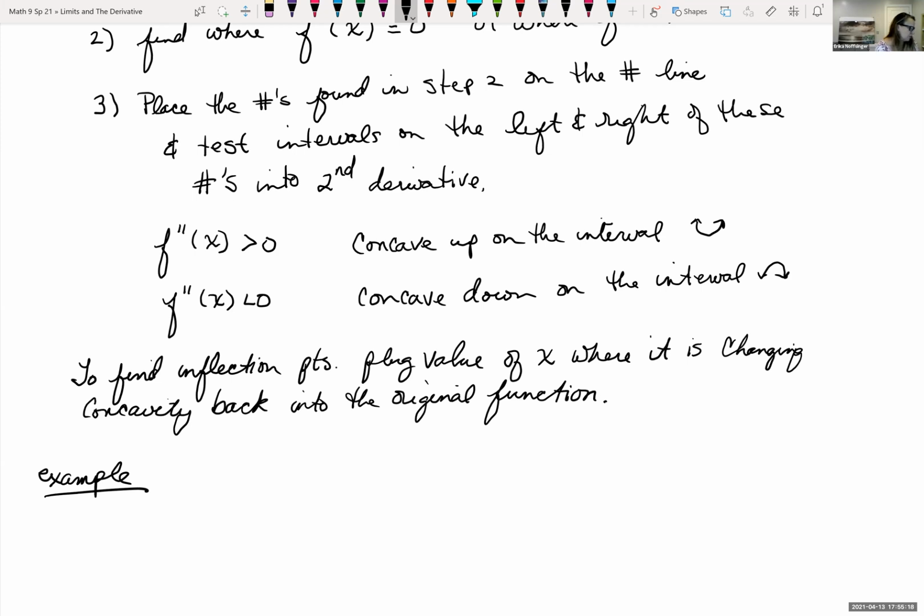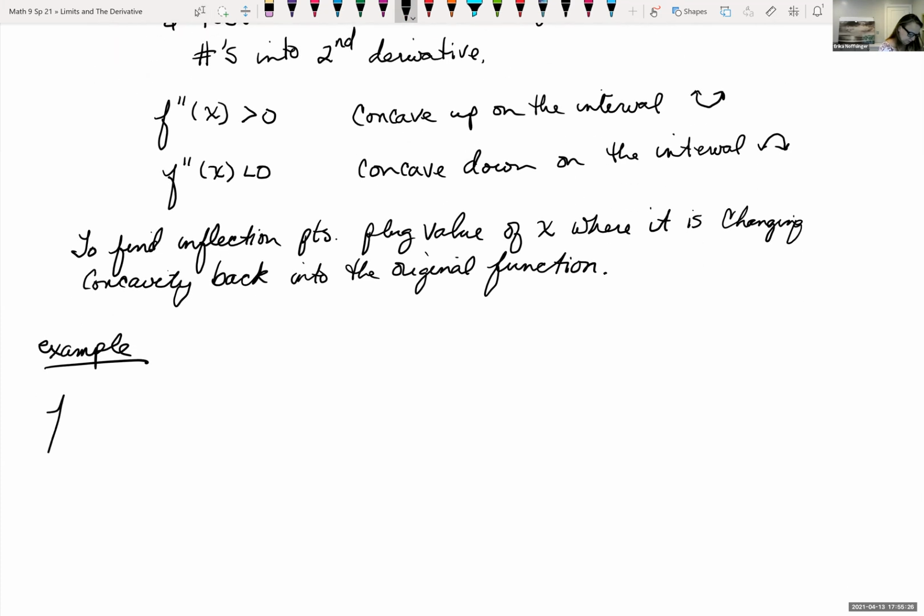Find the inflection points. And so let's say we're given that f of x is equal to negative x cubed minus 12x squared minus 45x plus 2.